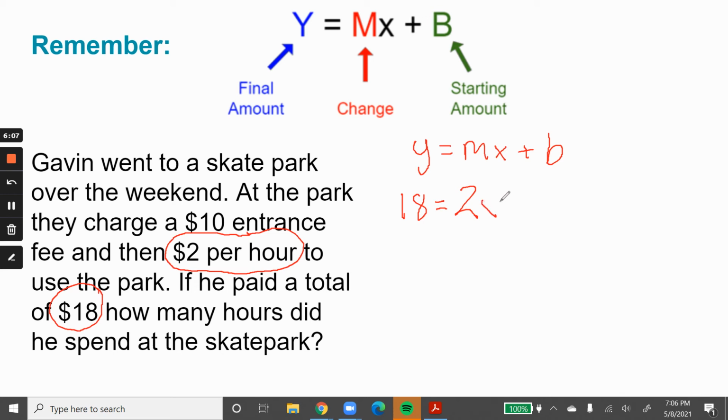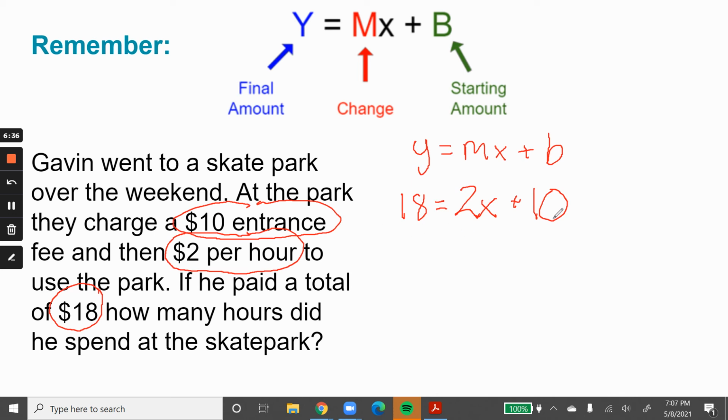We don't know how many hours, so we're going to leave it X. And then the B, what does he have to start by paying? Well, he has to pay his entrance fee no matter what. So he has to pay $2 per hour plus his $10 entrance fee no matter what.